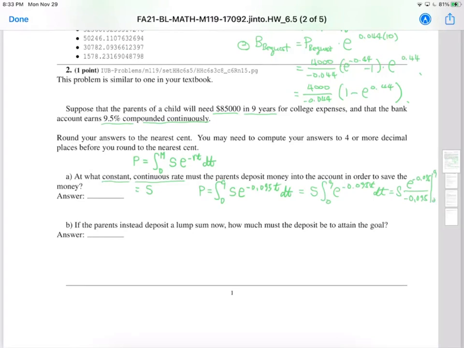So this is equal to S over minus 0.095 times e to the negative 0.095 times 9 minus e to the 0, oh, t is here, sorry. So this is the present value. Now let's continue.